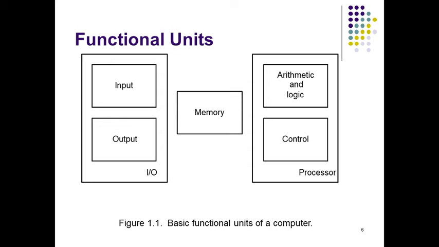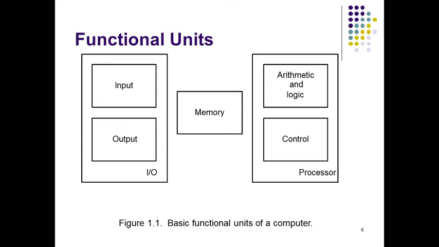Here, the input unit will accept the coded information from the human operators or from electromechanical devices such as keyboards or from other computers over digital communication lines. The information received is either stored in the computer's memory for later reference, or it can be immediately used by the arithmetic and logic circuitry to perform the desired operations.